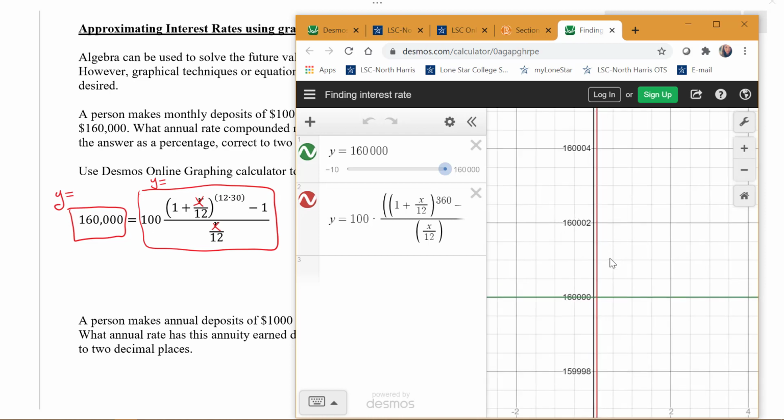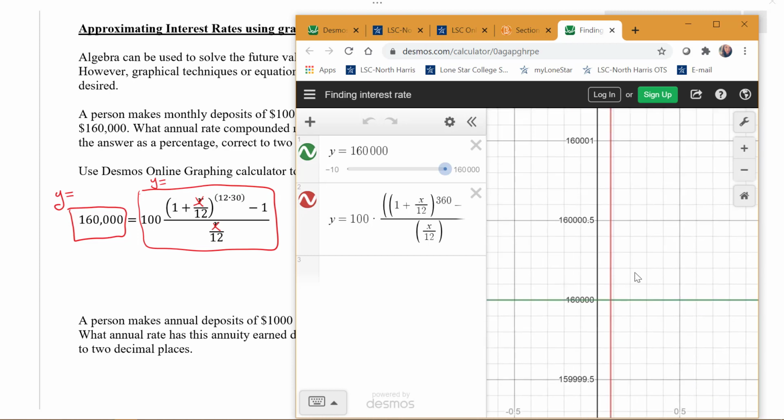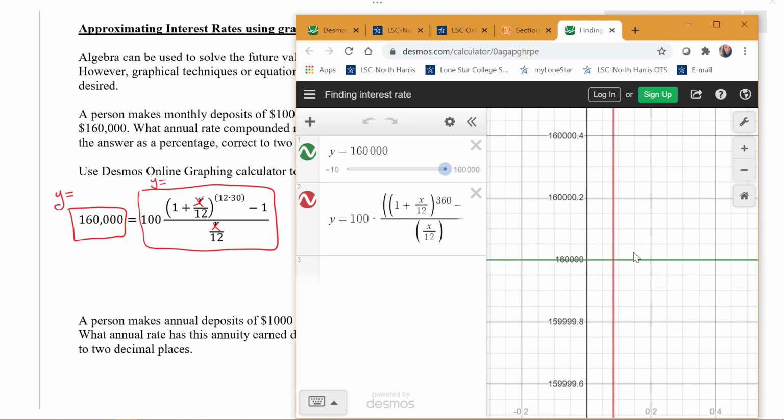What we're looking for on this graph is the point of intersection. The x value of the point of intersection is going to be the interest rate written as a decimal, and the y value, that output value, is the future value that we set y equal to. So the interest rate is the x value of the point of intersection.